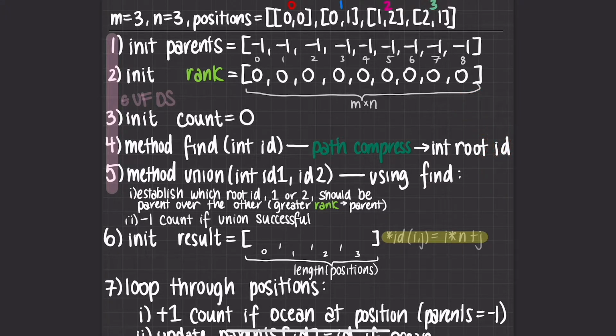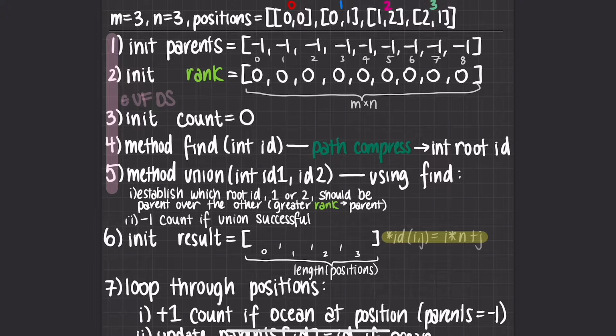So you'll see what I mean as I go through that. And then in union, we're going to compare ranks to make our algorithm go faster. And we also initialize a result array with the length of positions, which holds, in accordance to every single positional update, how many islands we have at that very instance.